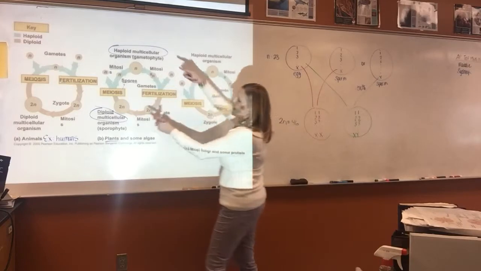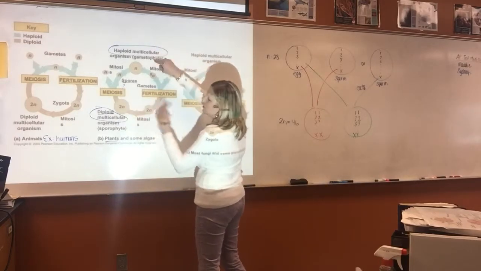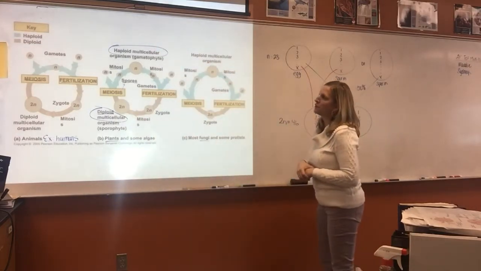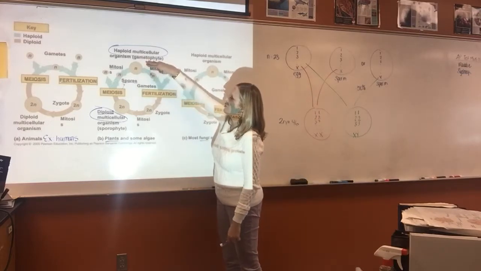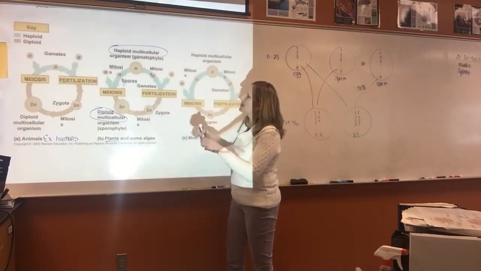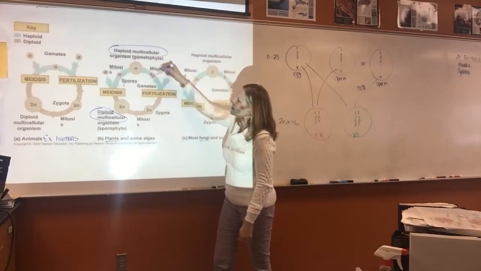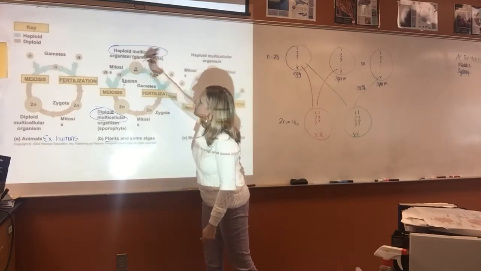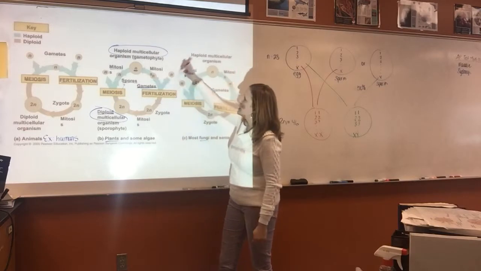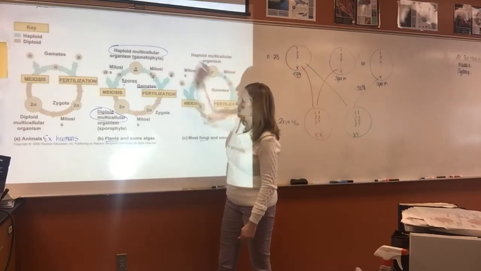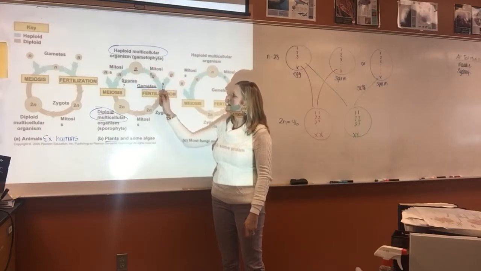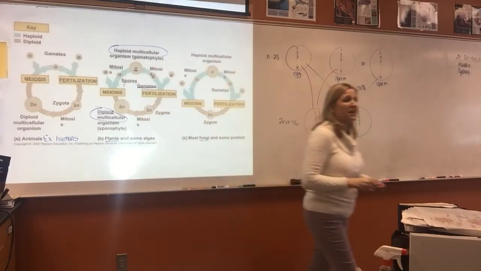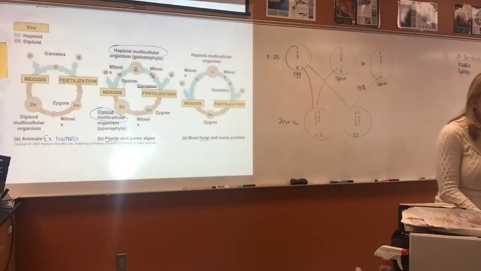So therefore, in plants, you have these two stages of a multicellular organism. And then this multicellular organism is what produces the gametes. Notice here, this multicellular organism is haploid. Gametes are also haploid. So if you have a haploid organism needing to make haploid gametes, do they have to go through meiosis to make their gametes?